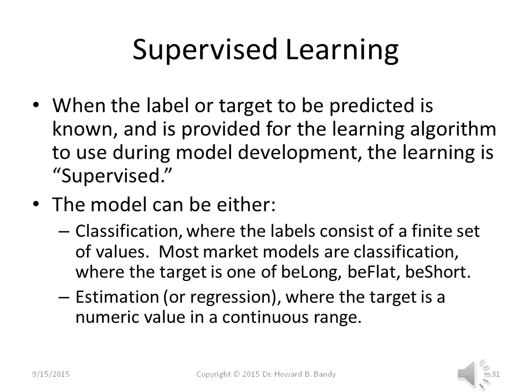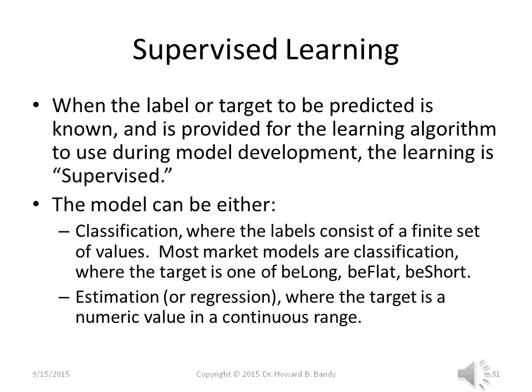Machine learning comes in two different, I want to call them categories. They are supervised and unsupervised, and within that, there's classification and regression. Classification is used when the labels consist of a finite set of values, and most of our market models are classification, where the target will be one of the three states, to be long, to be flat, or to be short.